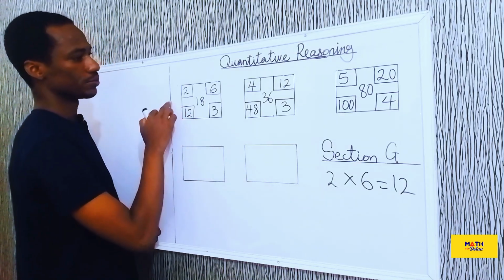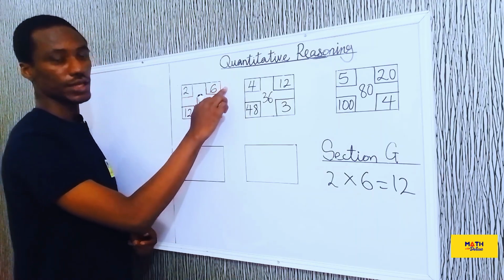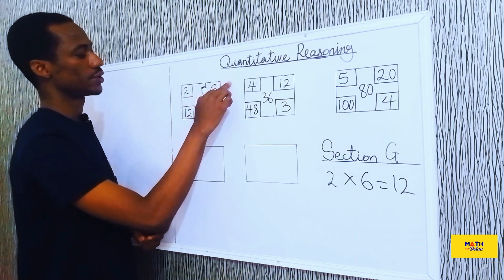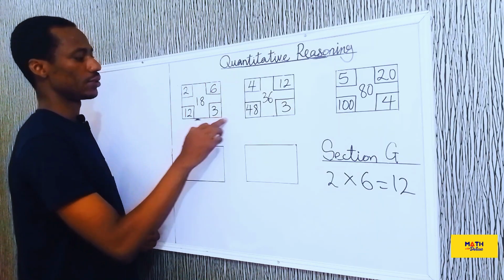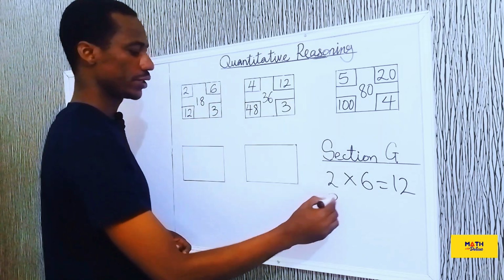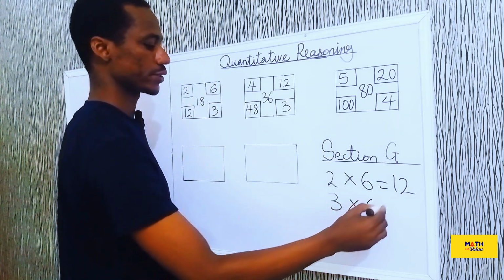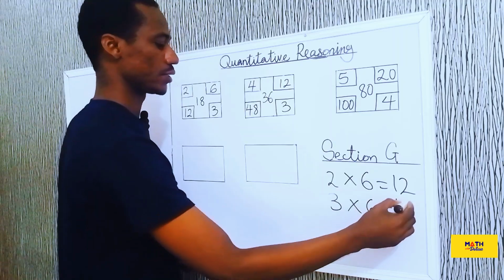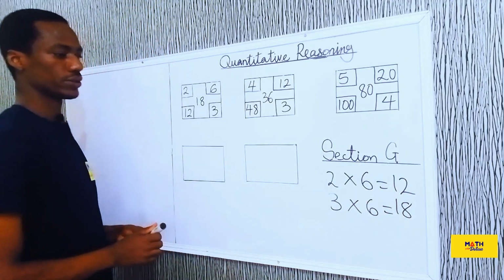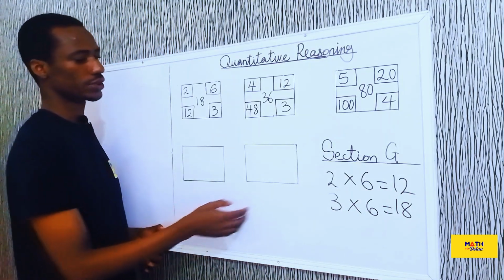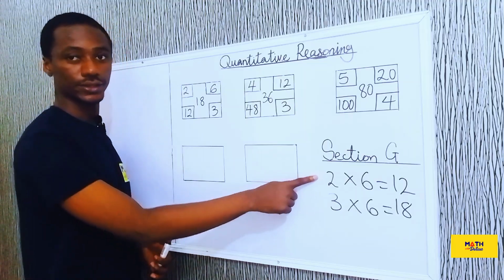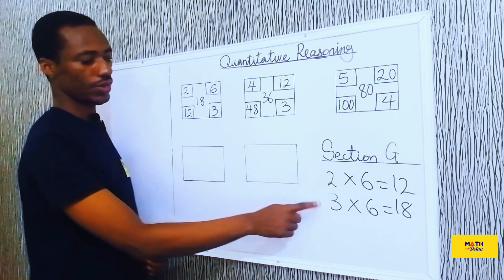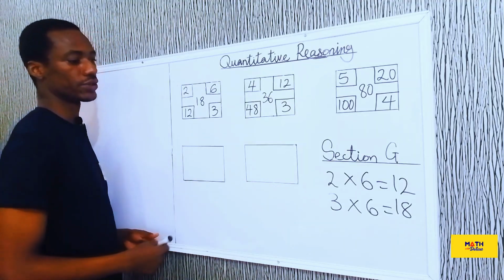So that means this 6 is constant to the 2. So I multiply this, and then I get this, and then multiply by 3 times the same 6, and then I have 18. Okay, so that means there are two ways I could get my 6. I could get my 6 from this particular multiplication. I could also get it from this second multiplication.